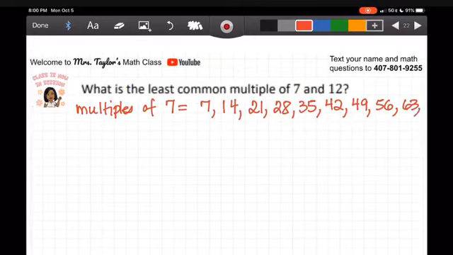What else? 7 times 10 gives me 70. And I go to 77. I go 84. That takes me all the way to 7 times 12. Okay? Now let's find multiples of 12.